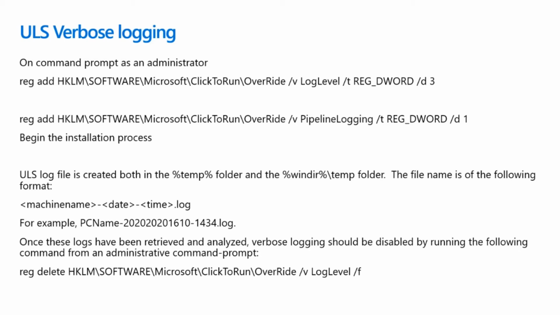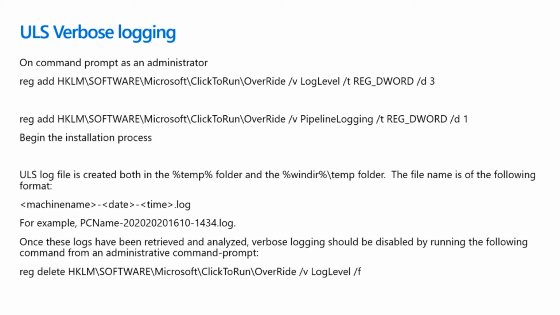And that's when ULS verbose logging helps. So you have default logging enabled, but it is not verbose. This might help in certain sign-in issues, installation and update issues, etc.